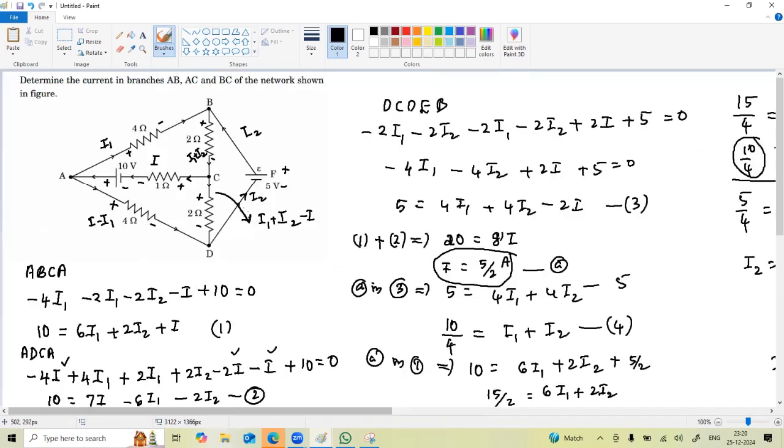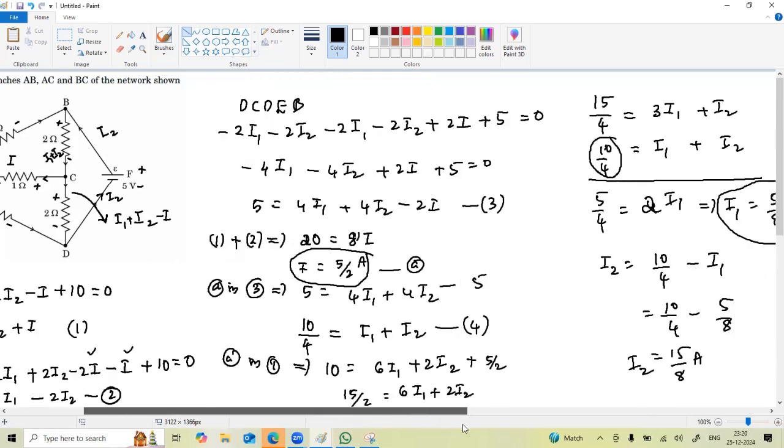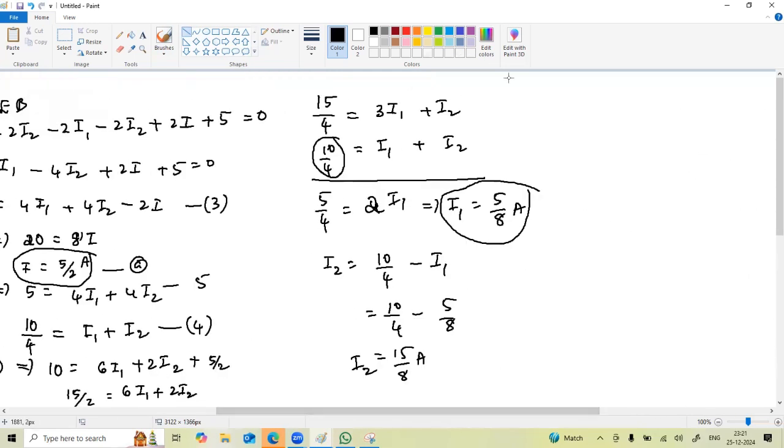Now, if you want to find current through AD and CD, current through AD is I minus I1. Current through CD is I1 plus I2 minus I. So I minus I1 through AD, if needed, not asked in the question. I is 5 by 2 minus I1 is 5 by 8.